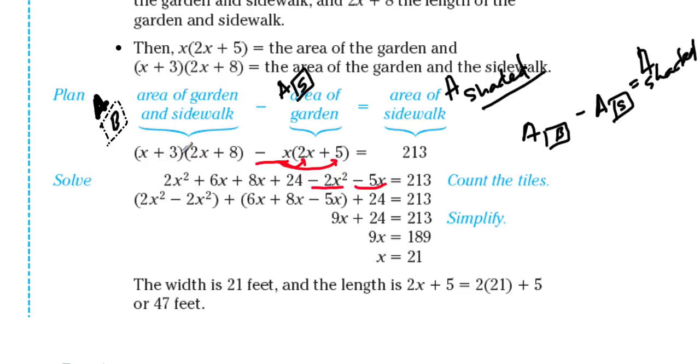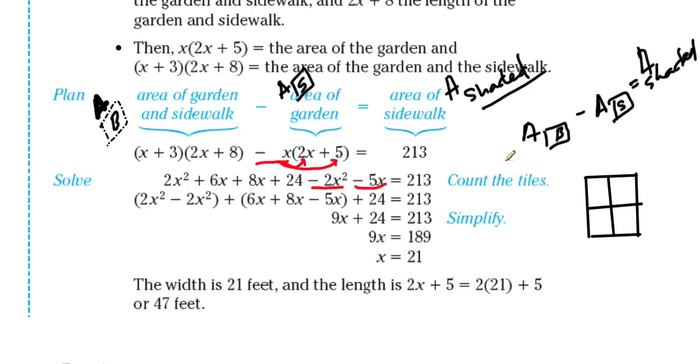On the x plus 3 times 2x plus 8, we used a Punnett square. Let's make use of a smaller Punnett square this time. Here's my Punnett square.